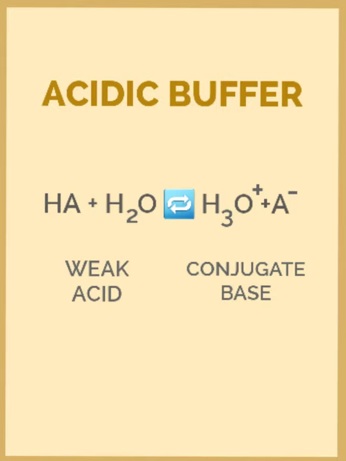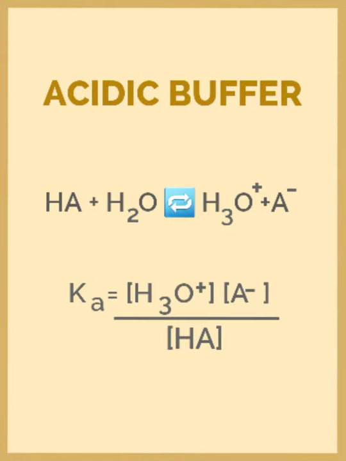The weak acid ionizes in water by the given equation where A- is the conjugate base of the weak acid. Then, the equilibrium constant of the weak acid Ka can be given by the following equation.